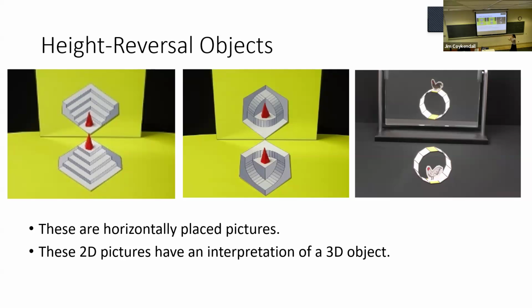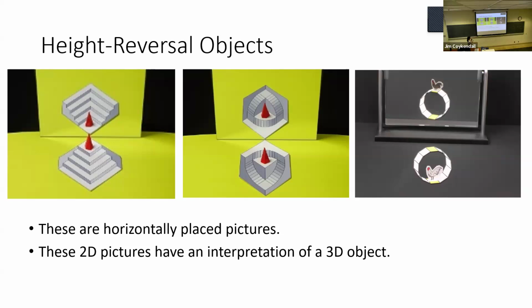Actually, these are just horizontally placed pictures. If they are just pictures, then anything closer to the mirror will appear at the bottom, and anything at the end will appear at the top. So when the objects get reflected in the mirror, you will find that the height seems to get reversed.